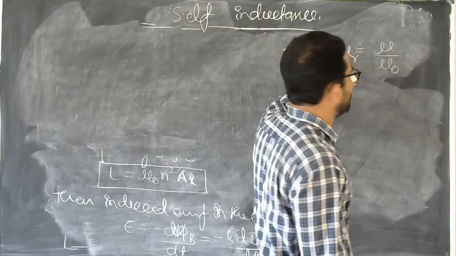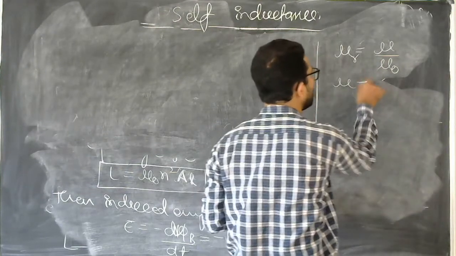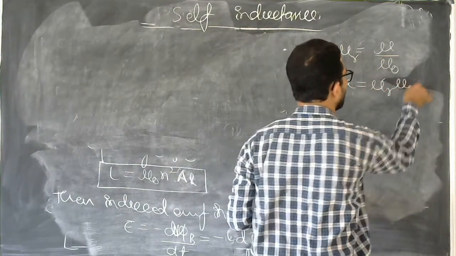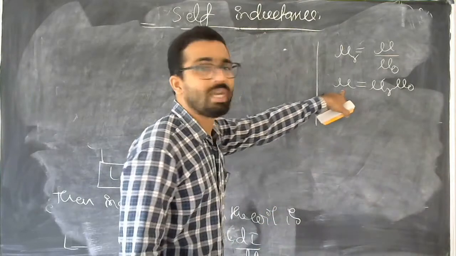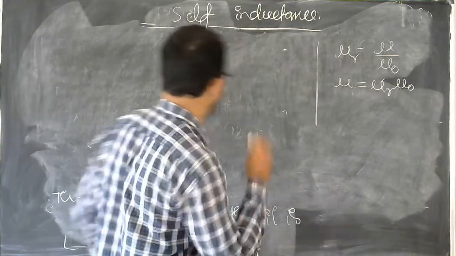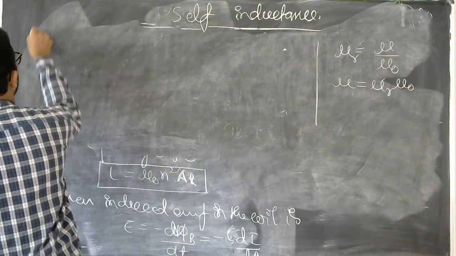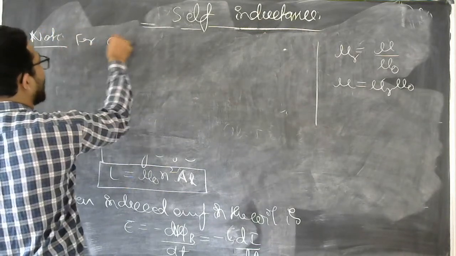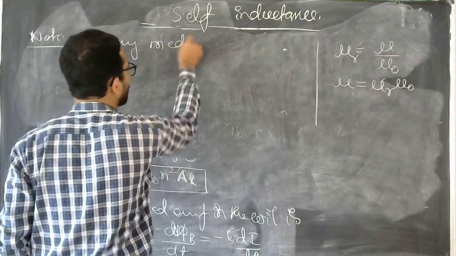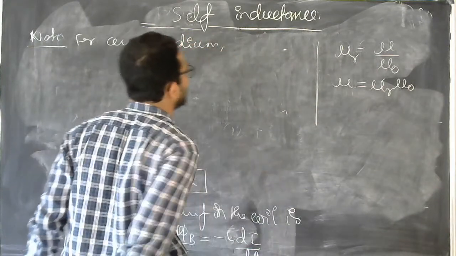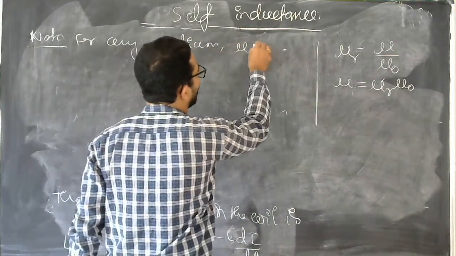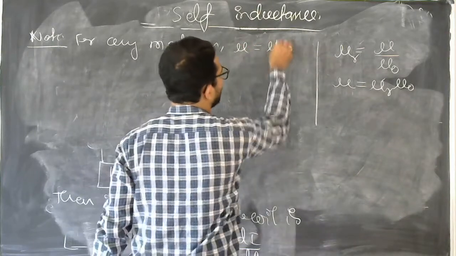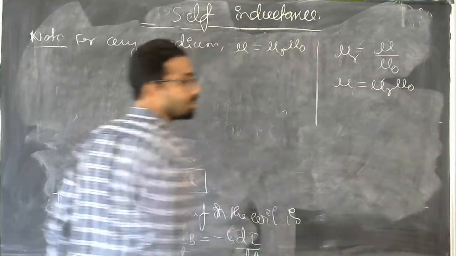That is, mu is equal to mu r into mu naught. So mu means the permeability of any medium. Hence, you can take this note also: for any medium of permeability, that is mu r into mu naught.